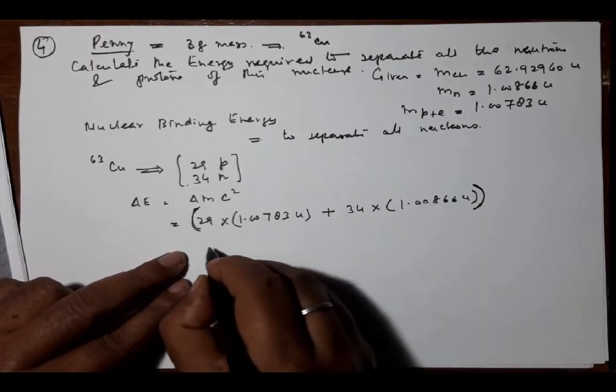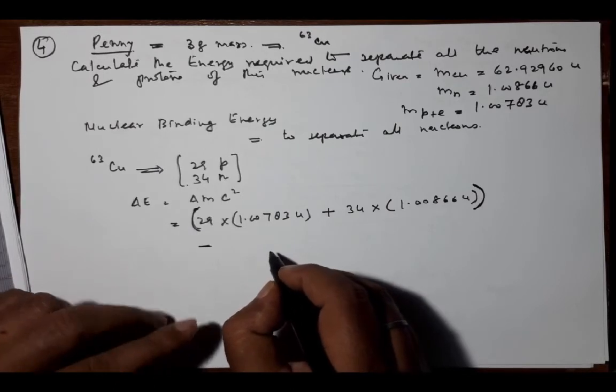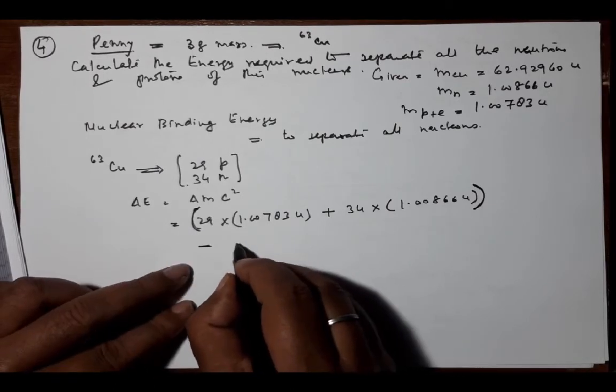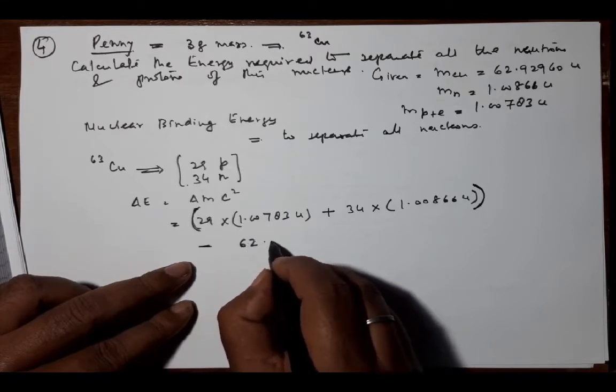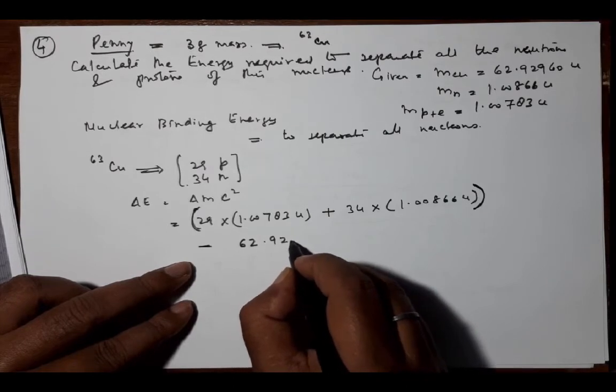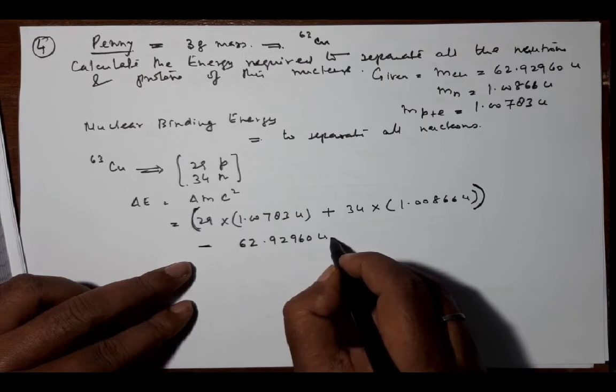Now minus the left hand side, what is there? That is 62.92960 U.